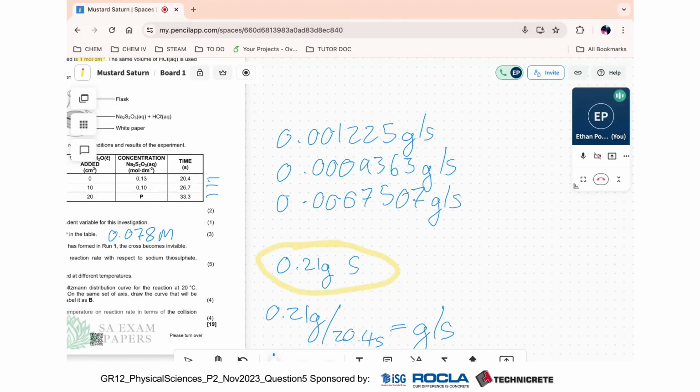And then if we take that average, so add all these up, and divide by 3, we get an average rate of about 9.707 times 10 to the minus 4 grams per second. And that's our final answer.